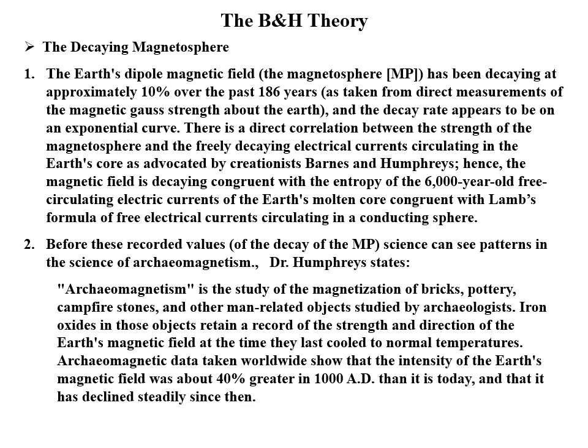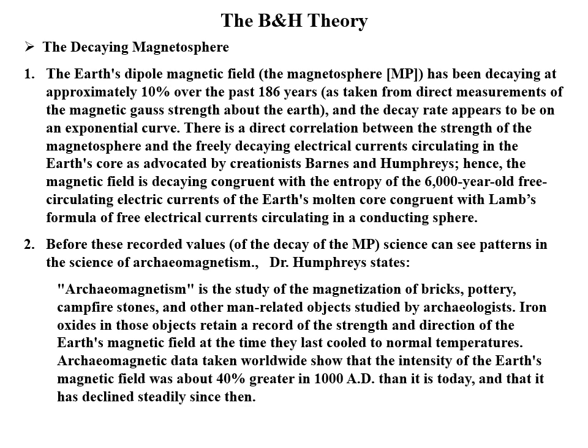Decaying magnetosphere. The Earth's dipole magnet field, the magnetosphere, MP, it's our acronym for the magnetosphere, has been decaying at approximately 10% over the past 186 years, as taken from direct measurements of the magnetic Gauss strength about the Earth, and the decay rate appears to be on an exponential curve.